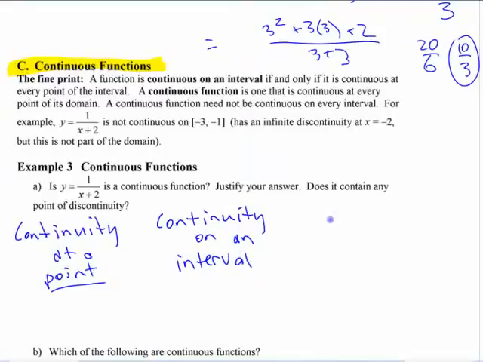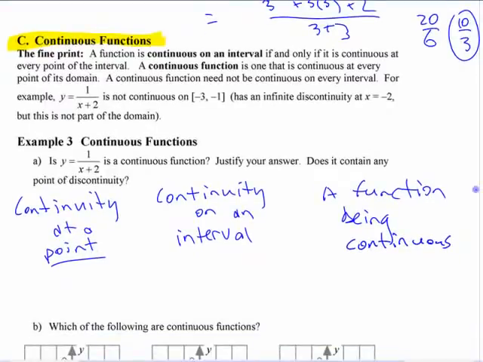And you can talk about whether a function itself is continuous or not. So for this example, we'll look at each of those three things.